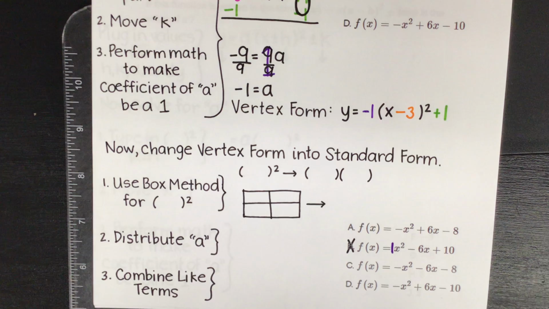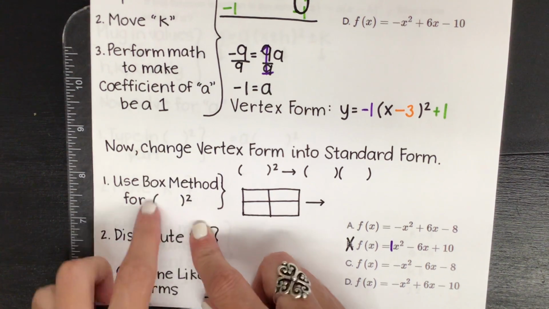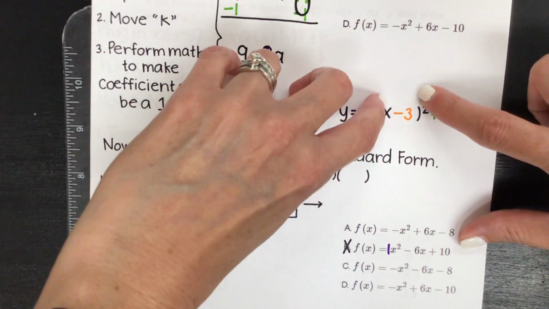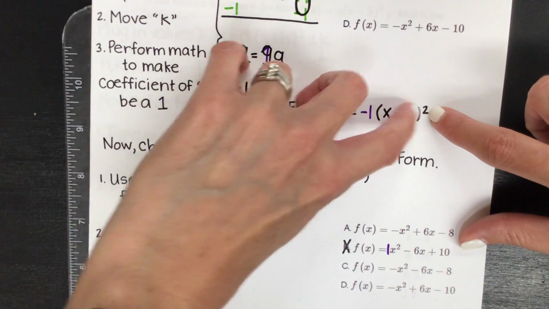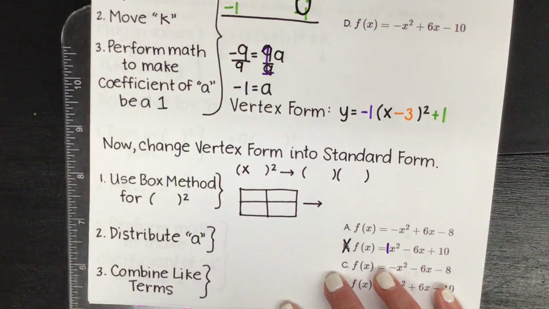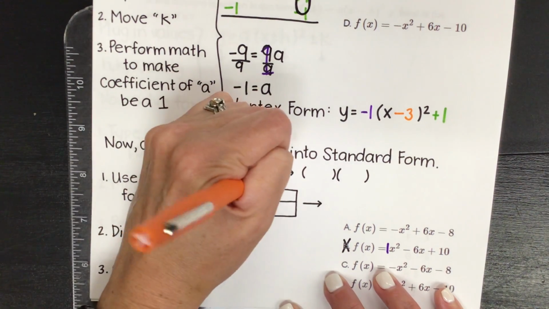So now what we're going to do is turn this into standard form. The first thing we want to do is take that parentheses squared part, just the x minus 3 parentheses squared part, and we need to use the box method. So we need to multiply this out. So I have x minus 3 squared.